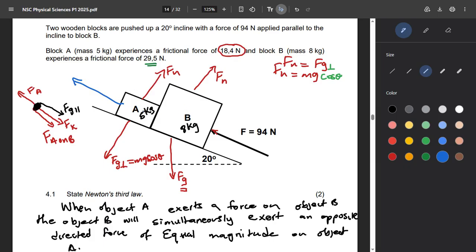Remember, A experiences a force due to B, so this will be force B on A. You understand that part? And then we know that A will also have the FG parallel acting down, and A will also have the frictional force going down. We'll also have FK. So these are 1, 2, 3 forces. So there's only 3 forces acting on this block.